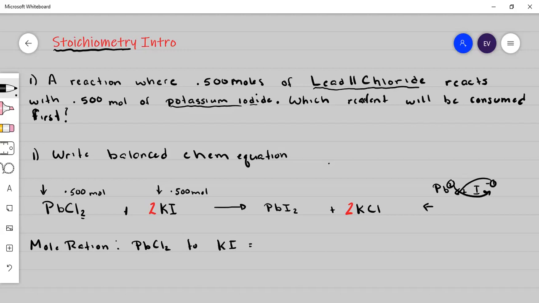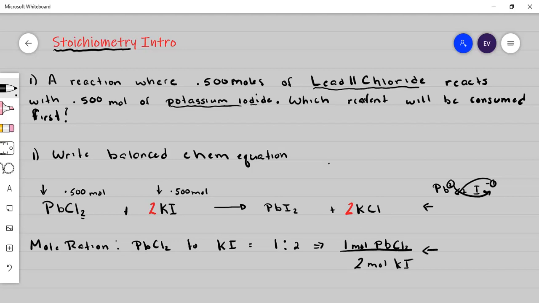That's going to give me a ratio of 1 to 2. Another way to write this is that for every 1 mole of lead(II) chloride, I need 2 moles of potassium iodide.